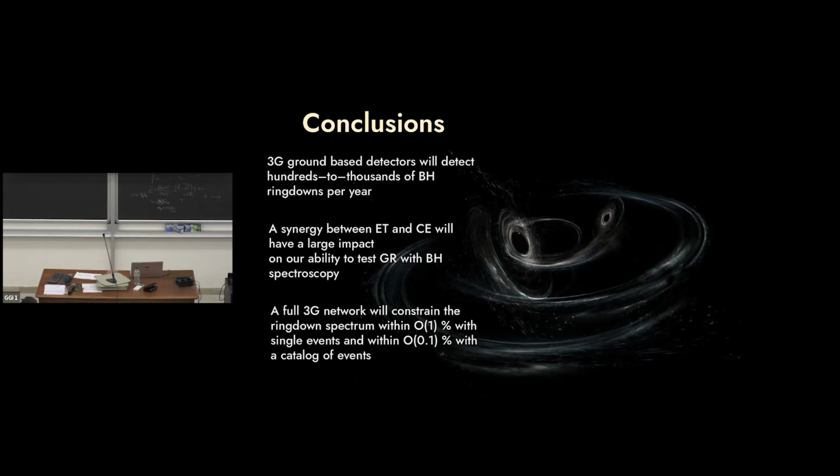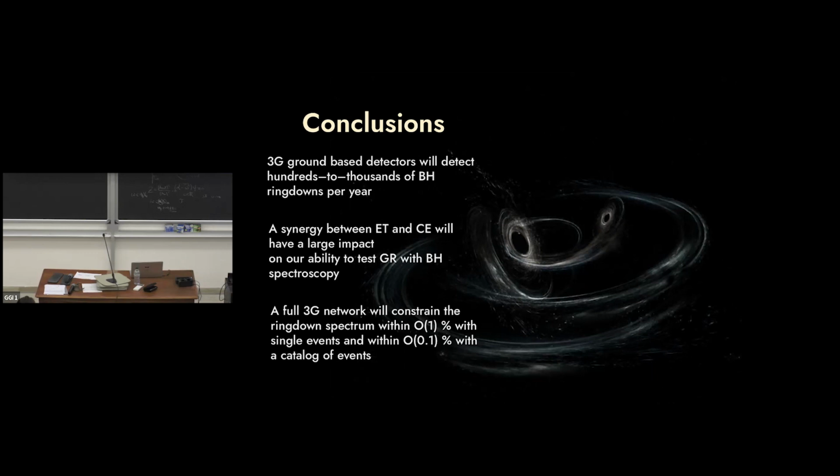And as Enrico was saying, at the end it depends on which mechanism is modifying gravity. But in the most naive cases, you would be able to constrain GR at the sub-percent level, which is much better than current detectors will do. Of course, it depends on the theory.